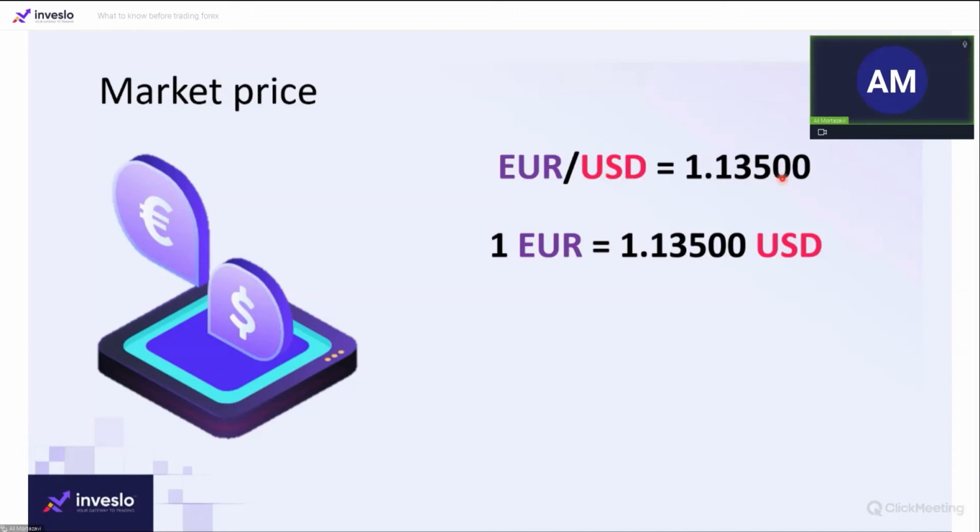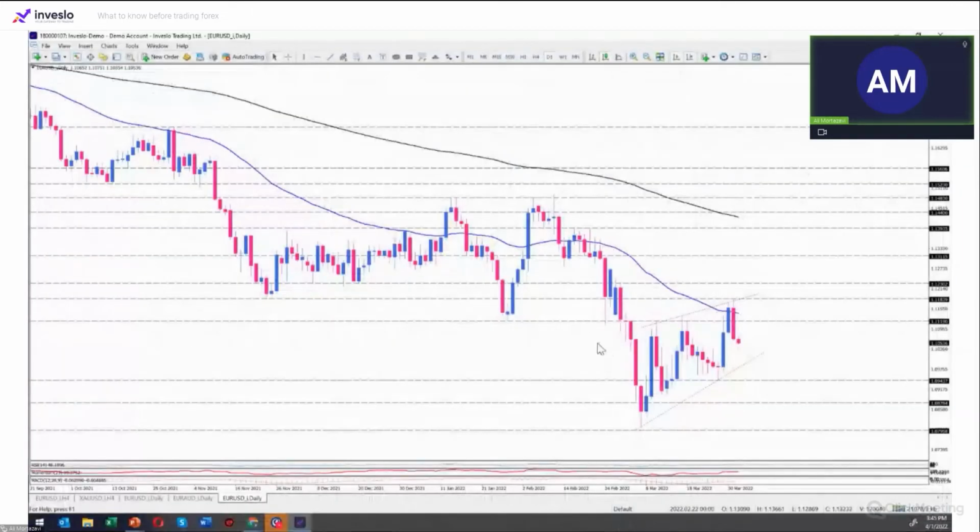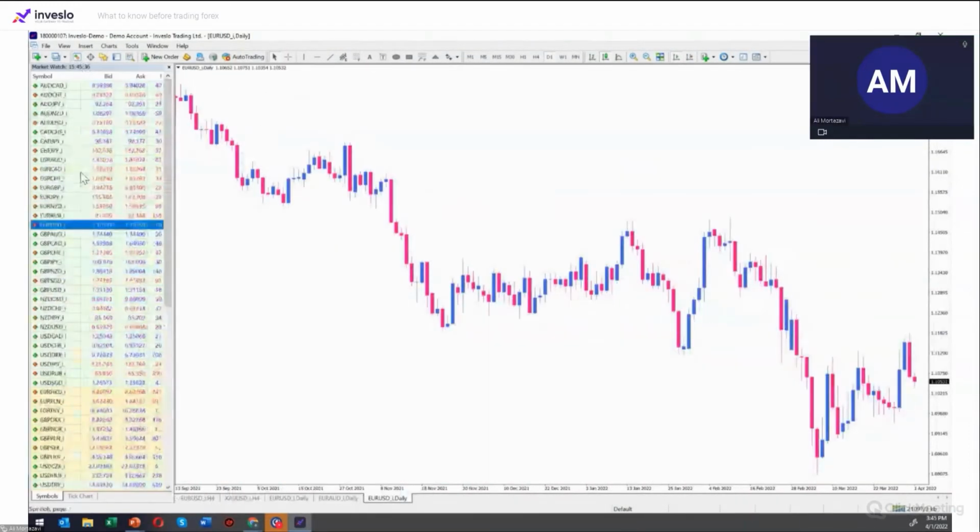So now when you see the fluctuation in the market, let me show you here on the MT4. The market watch is a place where you can find the currency pairs. Okay, you see on the market watch you always have the pairs of instruments, for example AUD against the CHF, and you can see the price fluctuating up and down.